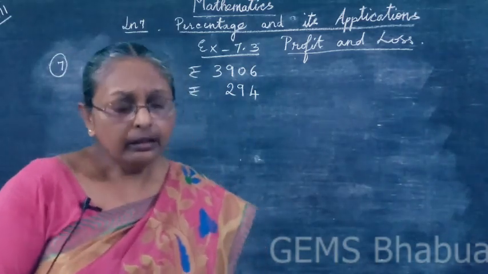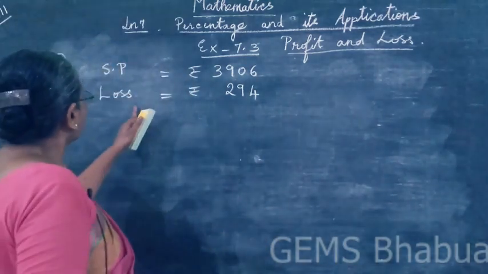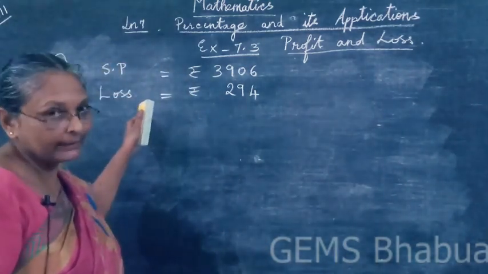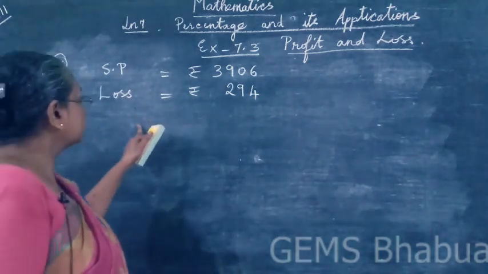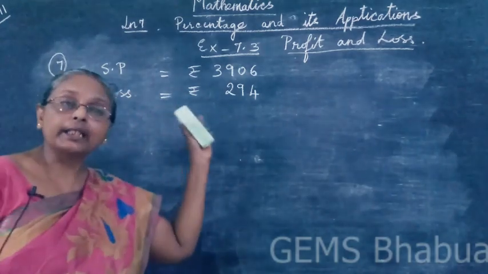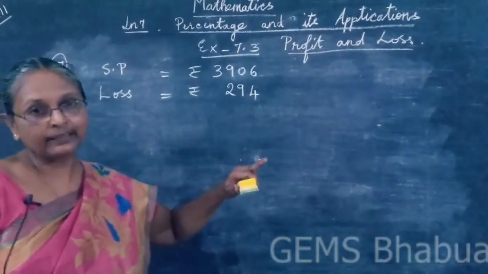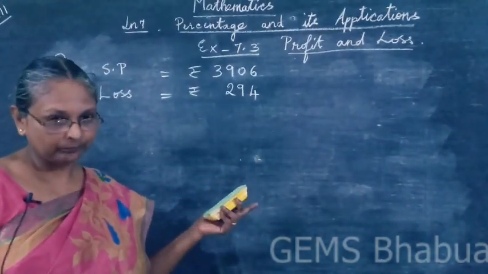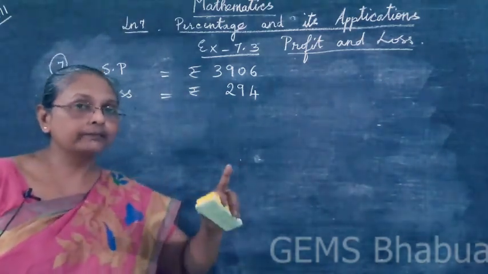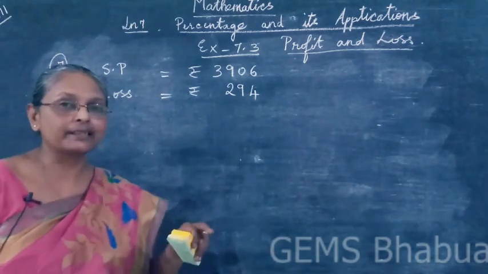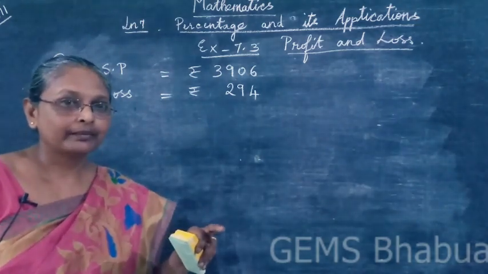So here, when there is a loss, as I told you earlier, will the cost price be more than the selling price or less than the selling price? This we should think first. Think of that.